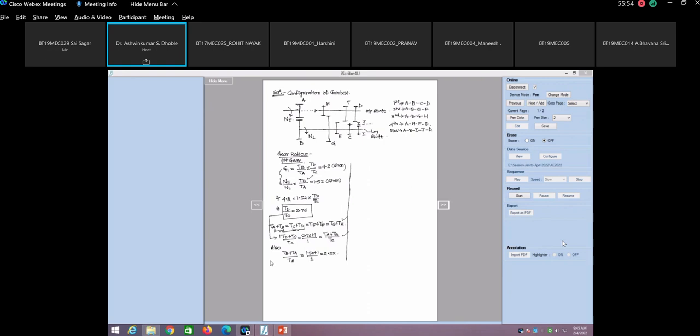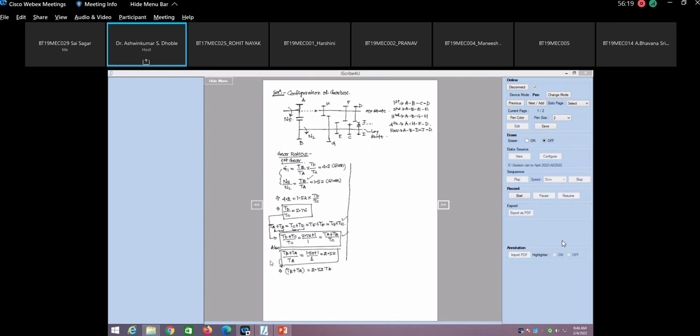So sir, you have this one equation, and you have this one equation. So from these two equations I can write down the next equation: TB plus TA is equal to 2.52 times TA. Now from this equation we can write this.